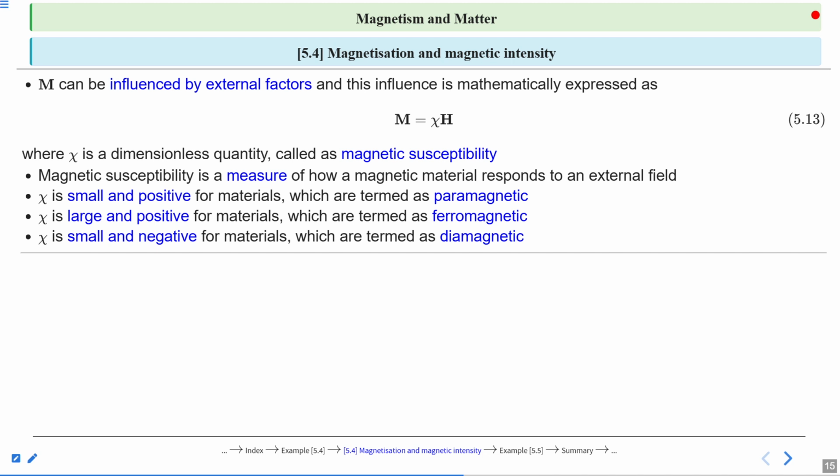It is a measure of the easiness with which magnetic field lines pass through a given material. So it is small and positive for paramagnetic, small and negative for diamagnetic, and large and positive for ferromagnetic.